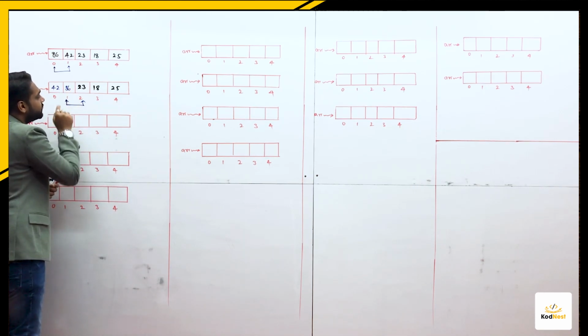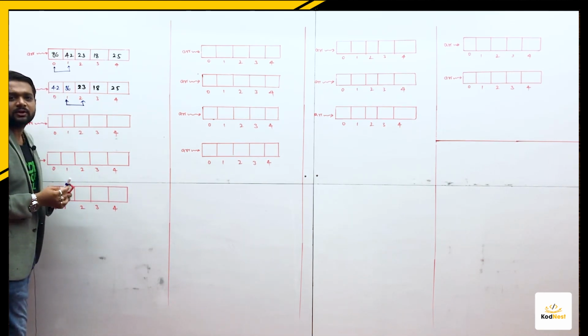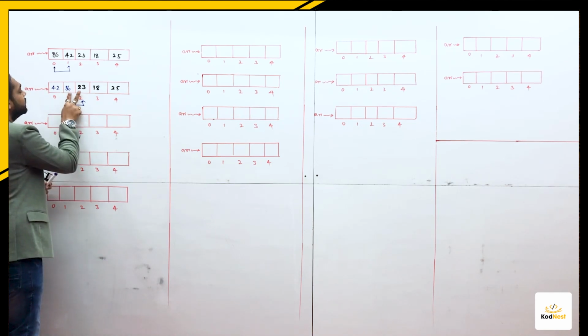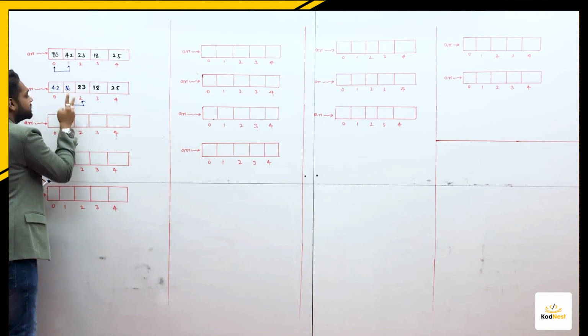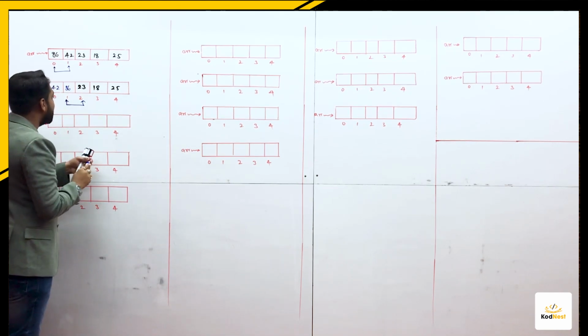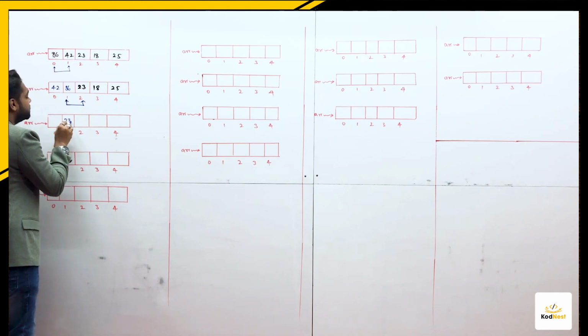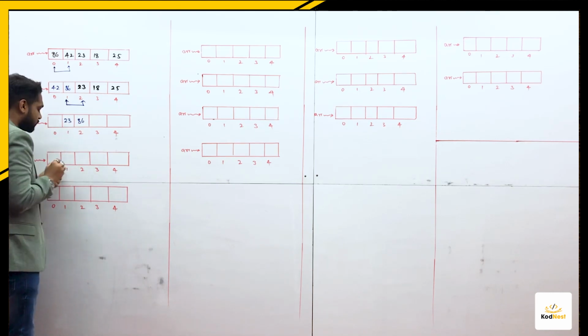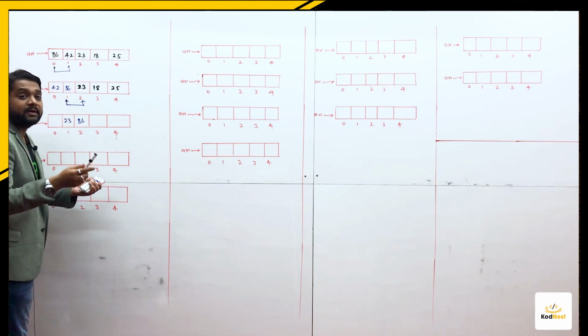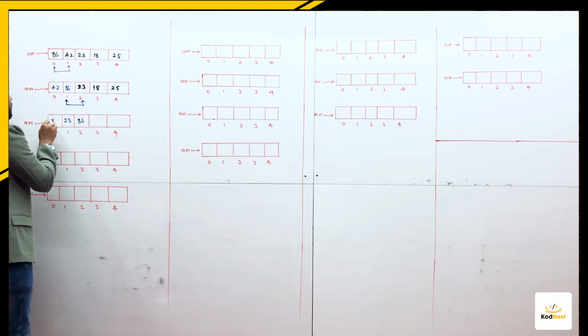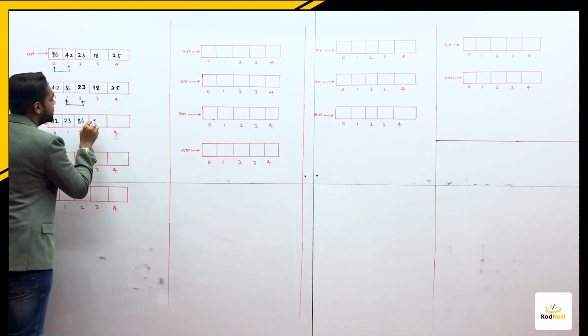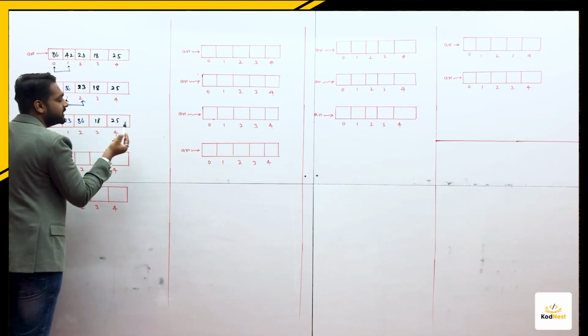Is 86 greater than 23? Yes, 86 is greater than 23. If it is greater, then swap it. Like this, swap it. If you swap, then 23 would come here, 86 would come here. Remaining elements, look, this side 42 I did not touch, this side 18 and 25 I did not touch.